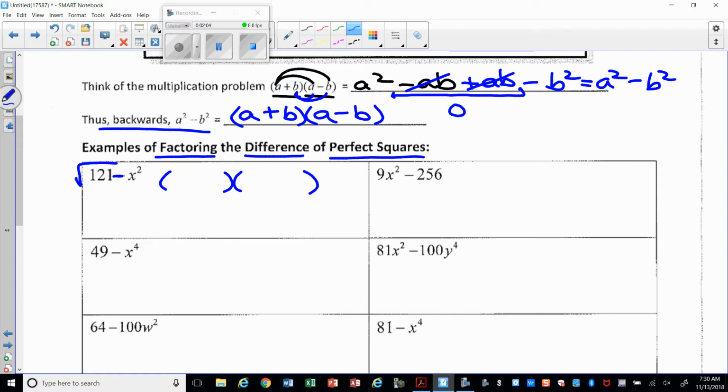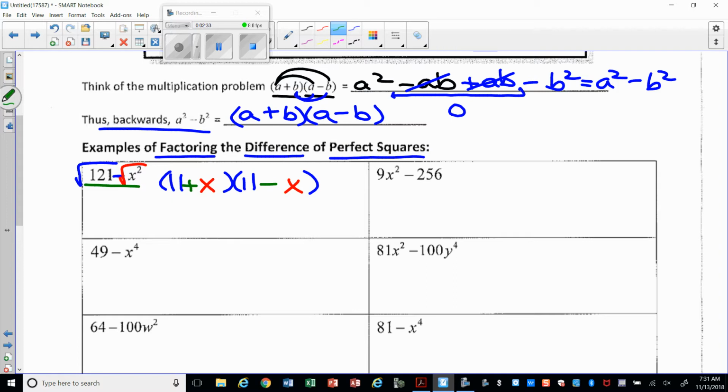So if I take the square root of 121, I get 11 times 11. And if I take the square root of x squared, I get x and x. And then I want the signs to be a positive and a negative, so that if I was to FOIL this, I would end up back here where I started.